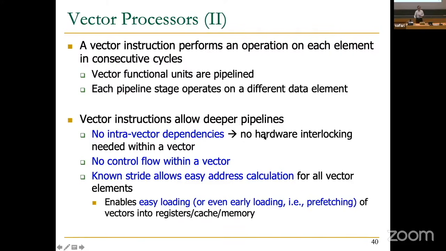We're talking about pipelining the function units. There's no control flow within a vector. There are going to be a lot of good things, as we will see. We're going to eliminate a lot of the control flow from a scalar program soon. And there's a known stride. This allows easy address calculation for all vector elements.